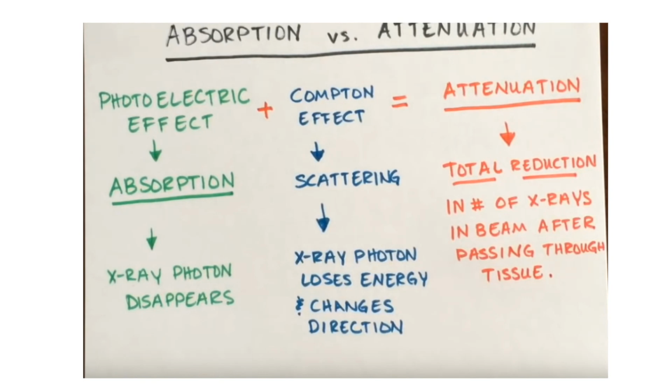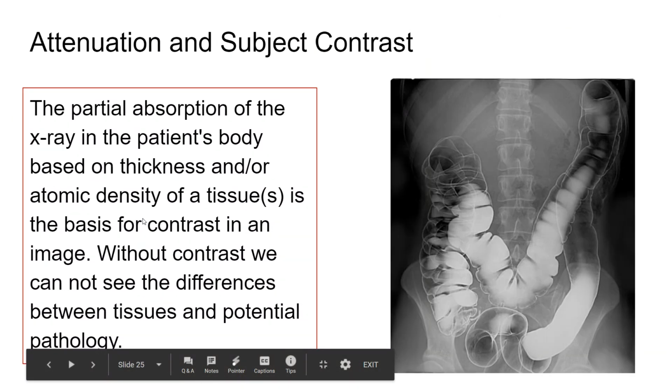right? Because it's the total amount of radiation that you started with, the amount of radiation you created with your mass and your kV and all that, minus the combination of photoelectric and Compton. And she didn't put it in here, but a tiny little bit of coherent, what did we say was 3%?